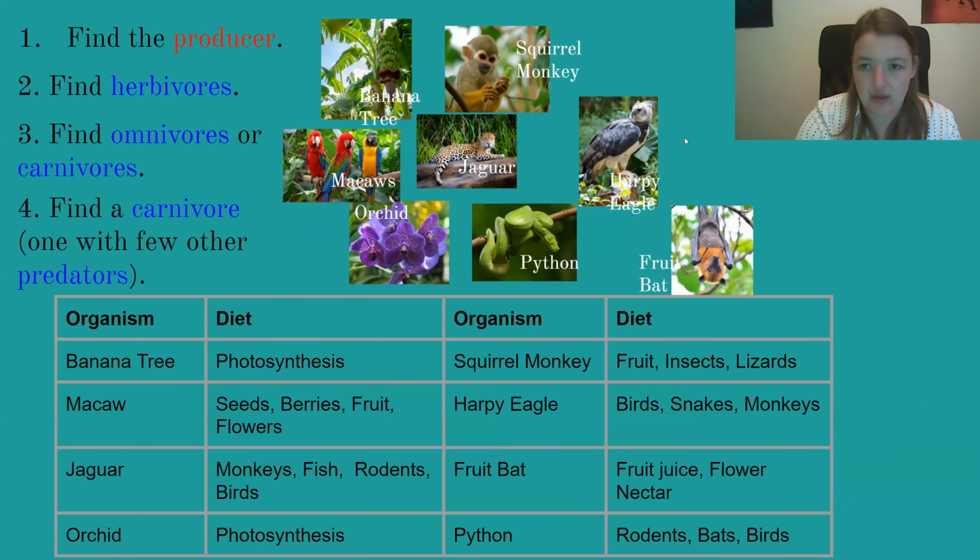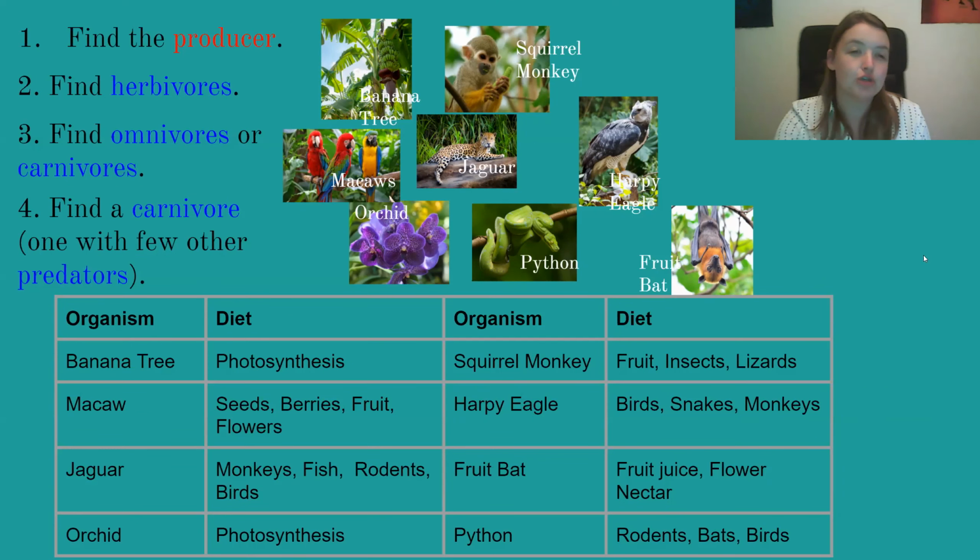So you have all of your animals on the screen. I've also given you their diet, what they eat or how they produce their energy. So you will see a banana tree, photosynthesis. What did photosynthesis mean? Is the process of plants making their own energy.